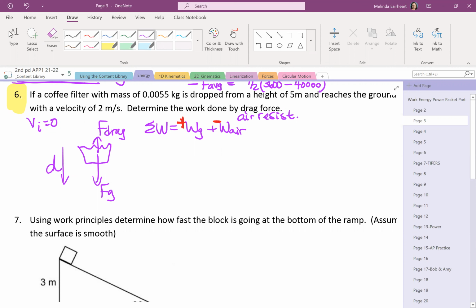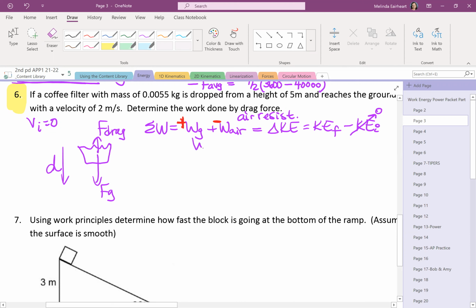Before we take that further, net work is also equal to the change in KE, final minus initial, which we said starts at 0 initial speed. So what's the initial kinetic energy? 0.